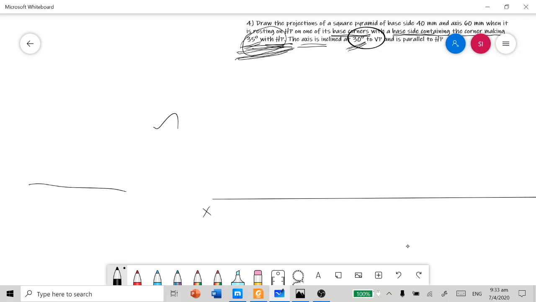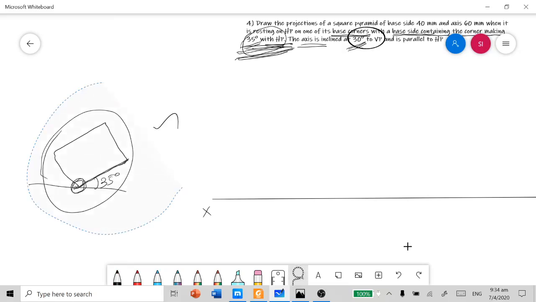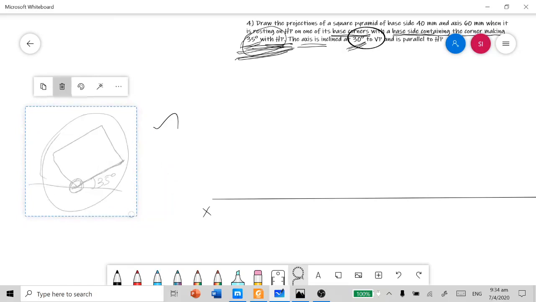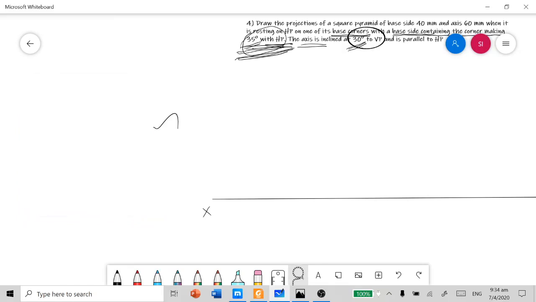So you need to maintain one base corner in HP. At the same time, one base edge which is in contact with the resting corner should make 35 degree with HP. In this way you have to draw the square base in the front view. Let me draw the square base.